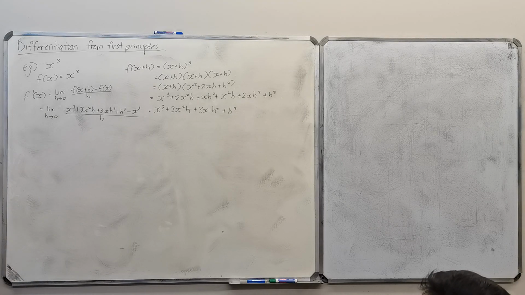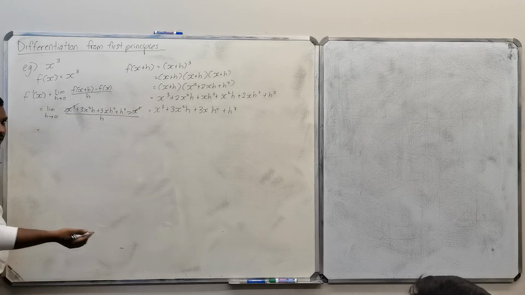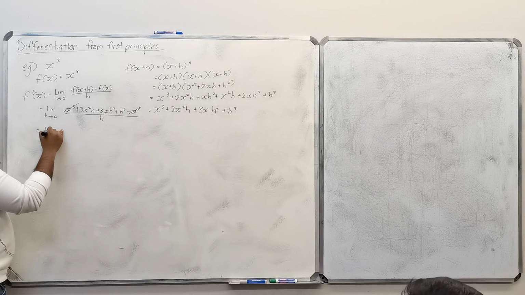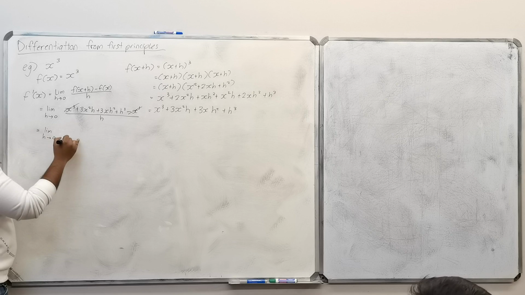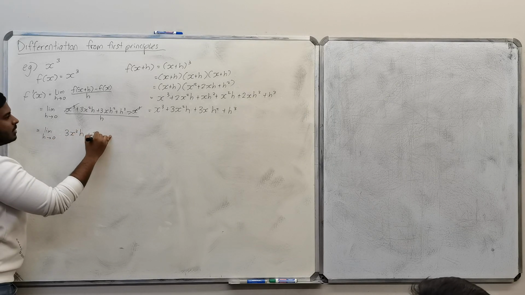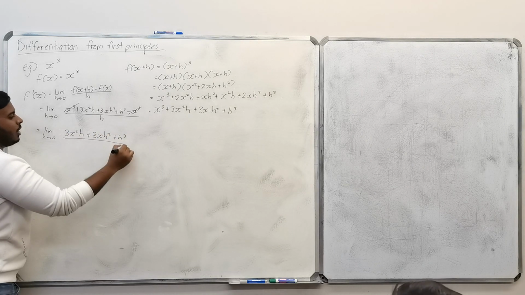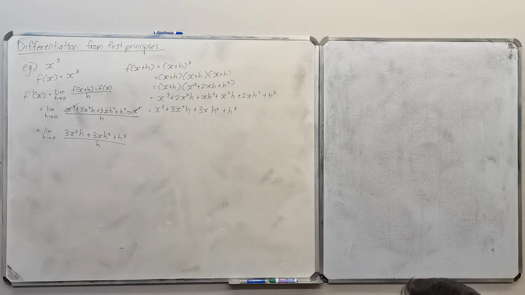So this and that cancel out, and you're left with the limit as h approaches 0 of 3x squared h plus 3xh squared plus h cubed, all over h.